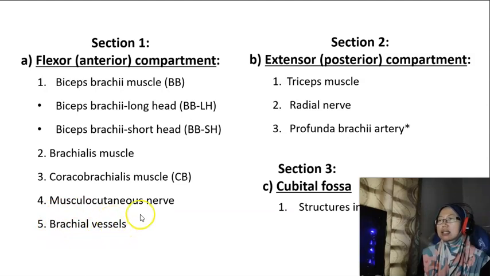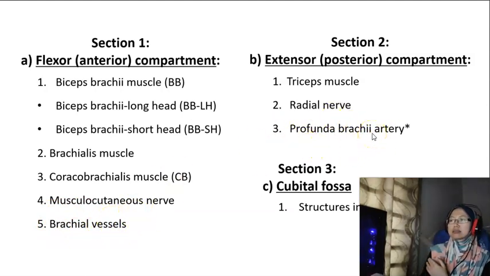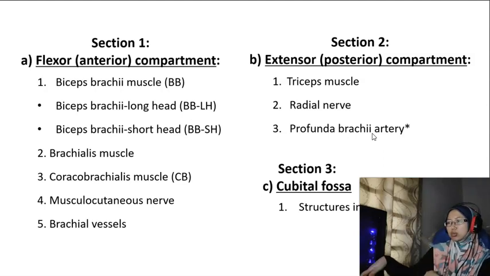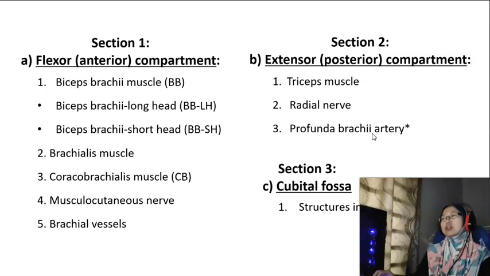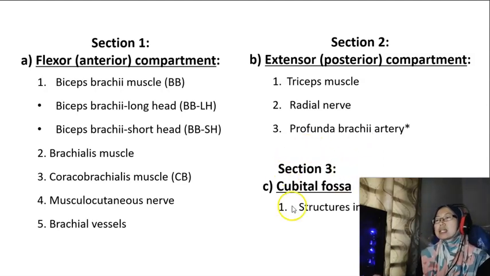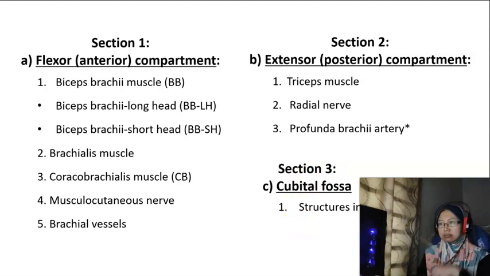It's just that the branch from the main brachial artery goes to the posterior side, to the posterior compartment. And the last section we will talk about structures in the cubital fossa.